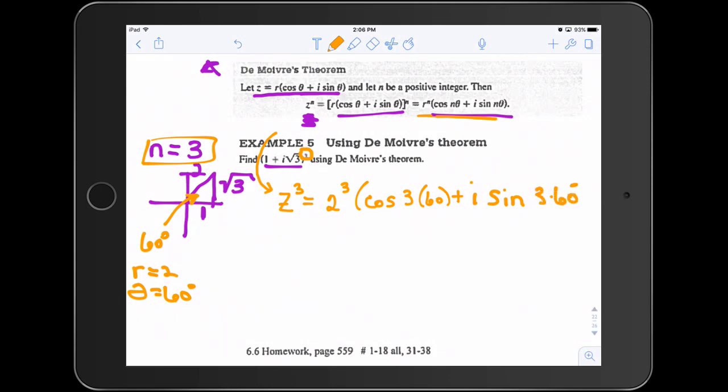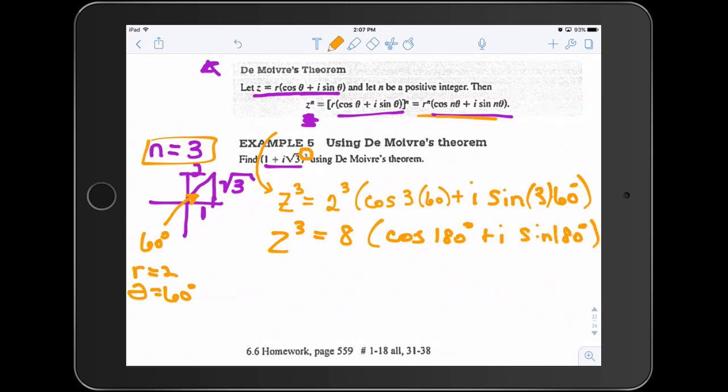Now we simplify it a little bit. So this complex number cubed is equal to 2 cubed, which is 8, times the cosine of 180 degrees plus i sine of, and this is not 360 degrees, it's 3 times 60, which is 180 degrees.